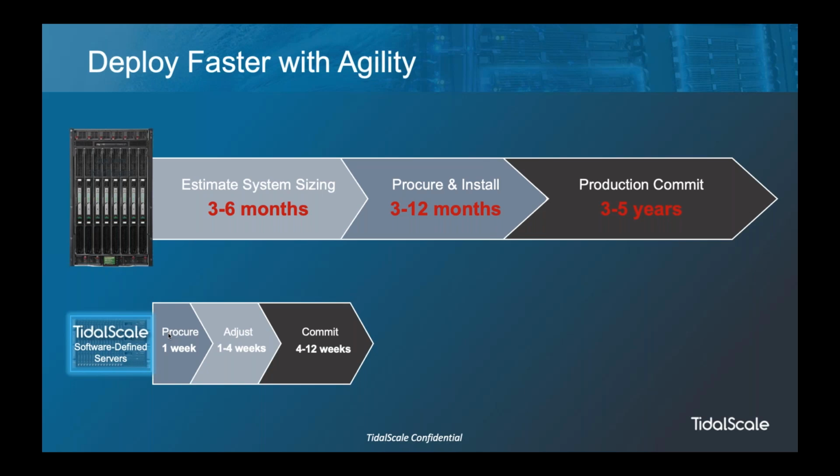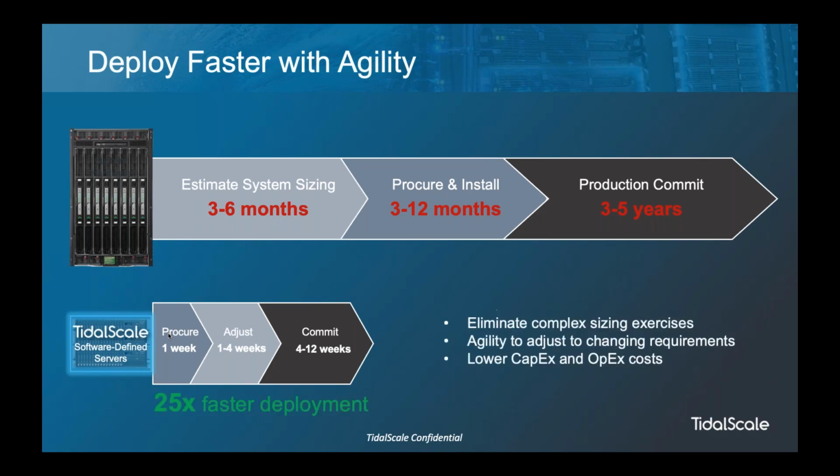We've had customers who have actually over-provisioned, and then they can right-size that and adjust as you go. Your production commit is mere weeks, basically until your next maintenance window, whether that's weekly, quarterly, monthly, whatever it would be. So when you add those all together, the time from I want to start a project to the time where I am actually executing that project can be 25 times faster.